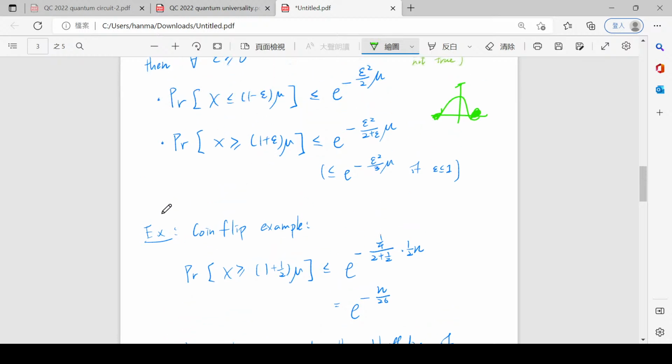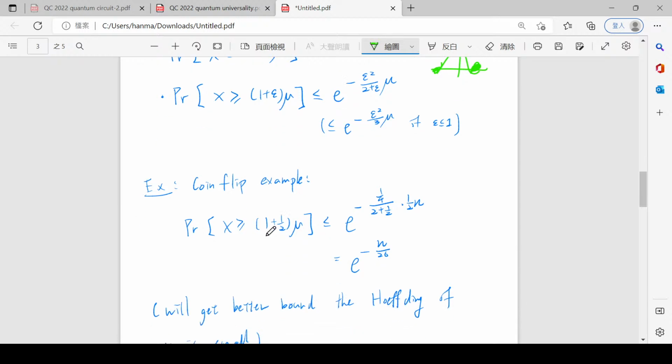We have a fair coin, and we want to see the probability that you get 3 over 4 heads. Here mu is still 1 over 2, right? And epsilon is now 1 over 2, because you want this whole thing to be 3 over 4. That's 50% more than 1 over 2.